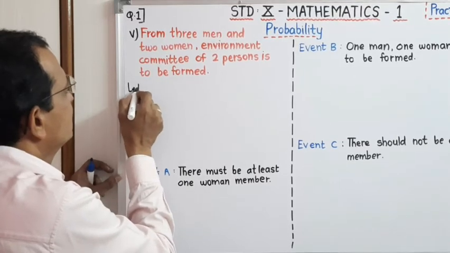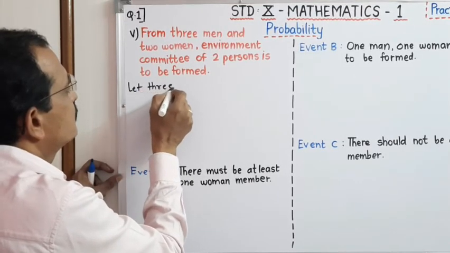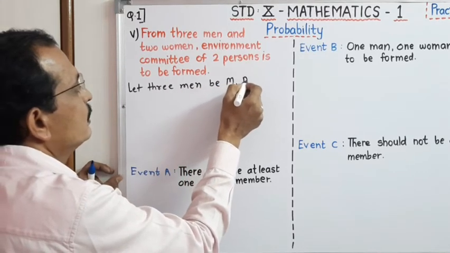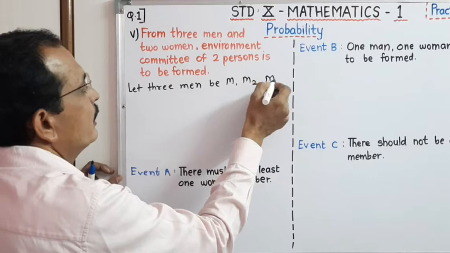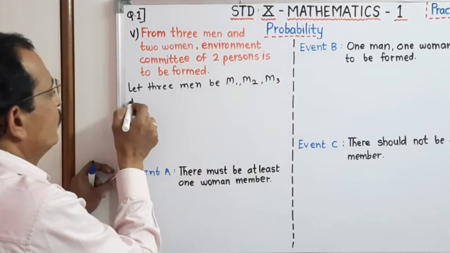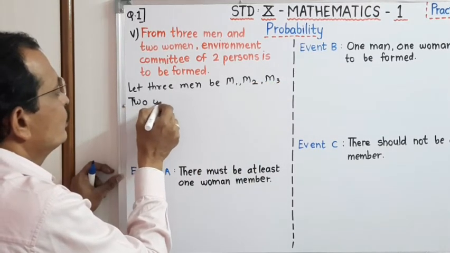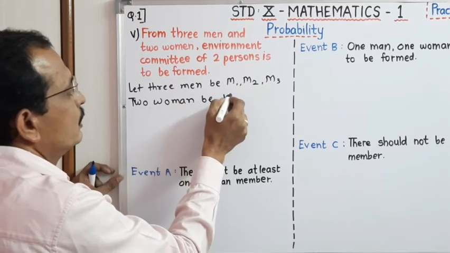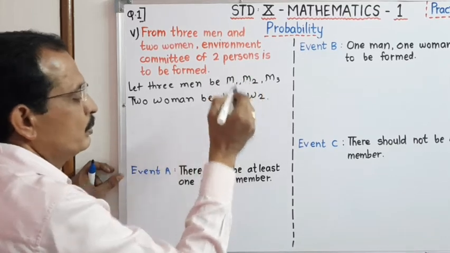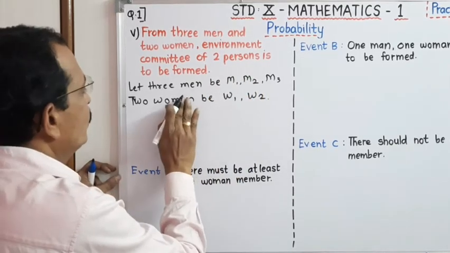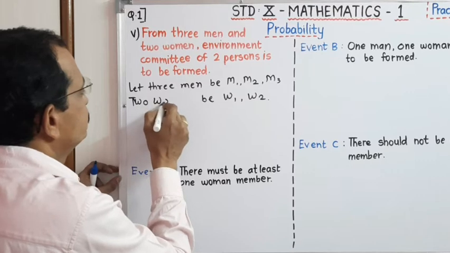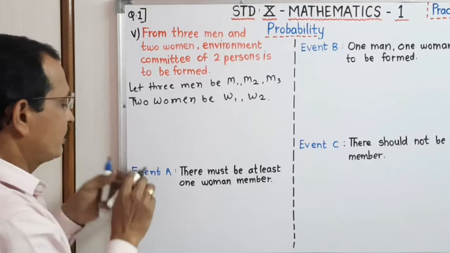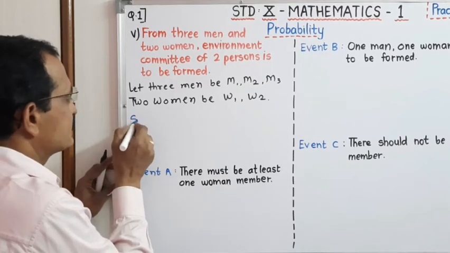Let the 3 men be M1, M2 and M3 and the 2 women be W1 and W2. Therefore, we have to write the sample space.